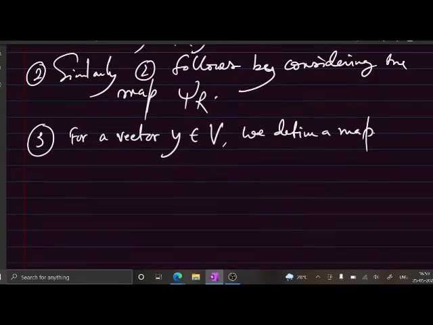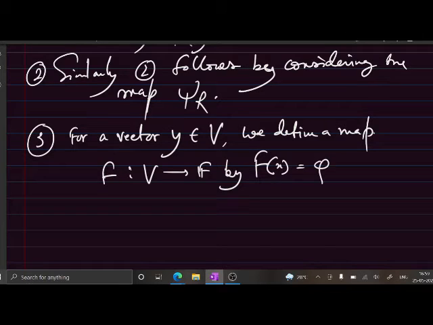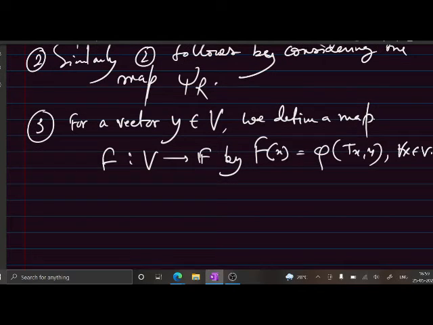So you choose a vector y from the vector space V, and then with respect to this y you can define a map capital F from V to the field F by capital F of x is phi of Tx comma y, for all x belongs to V. So for this y you can define this map F. Now it should be checked that this F is a linear map.